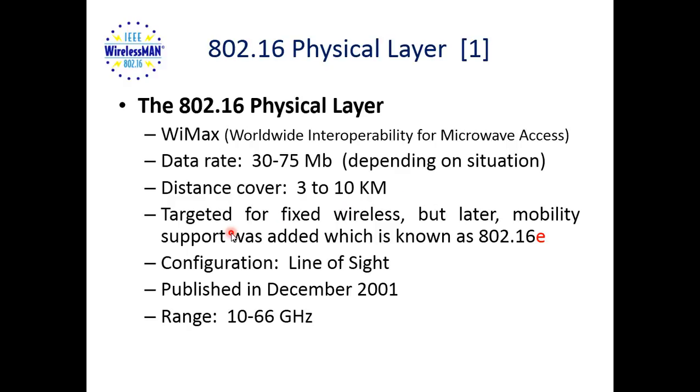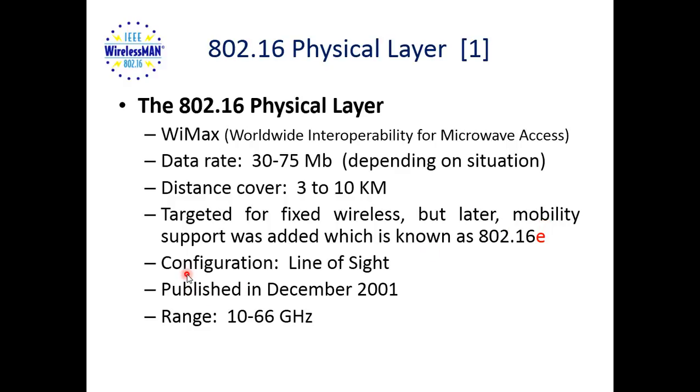Originally, when it came into the market, it was targeted at fixed wireless, but later it was also extended with mobility support as version 802.16e. I can say that 802.16d is the fixed wireless, and 802.16e contains mobility.